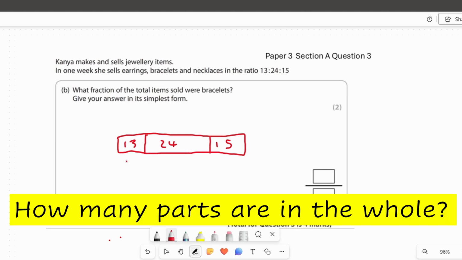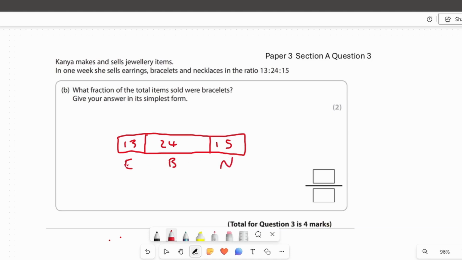And then we can ask ourselves how many parts are in the whole here. And hopefully you can see the whole is going to be, we're going to add these up, 13 plus 24 plus 15. That adds up to, using the column method here, 52. So there's 52 parts in the whole.